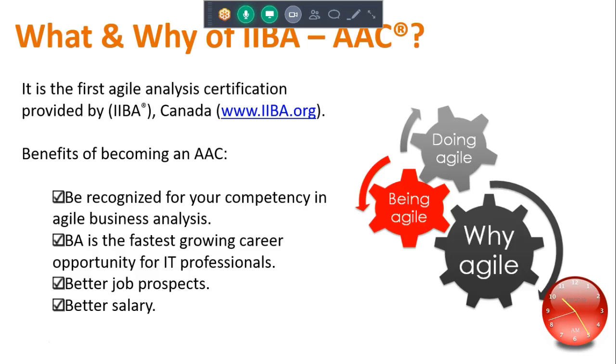And BAs do have a significant home in the agile paradigms. One of the things that I find interesting is, if you've had Scrum training, Scrum talks about the development team, and I think that was a true disservice to a lot of the people who were involved in development.